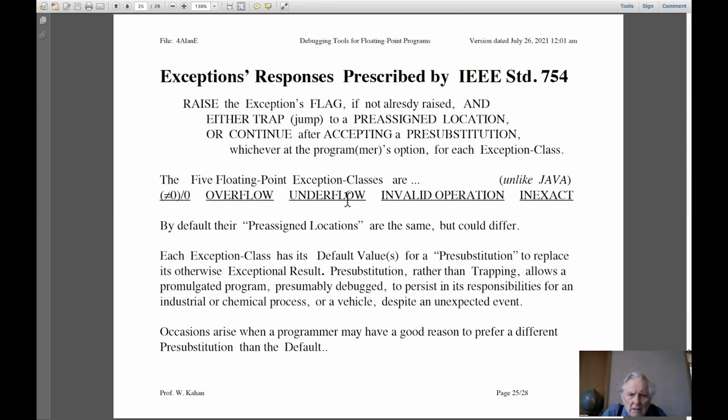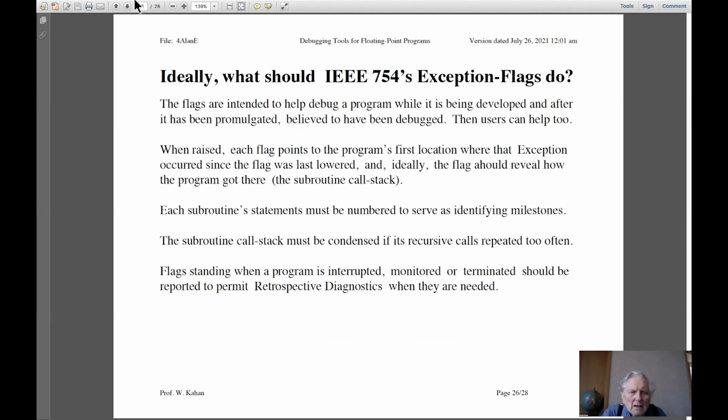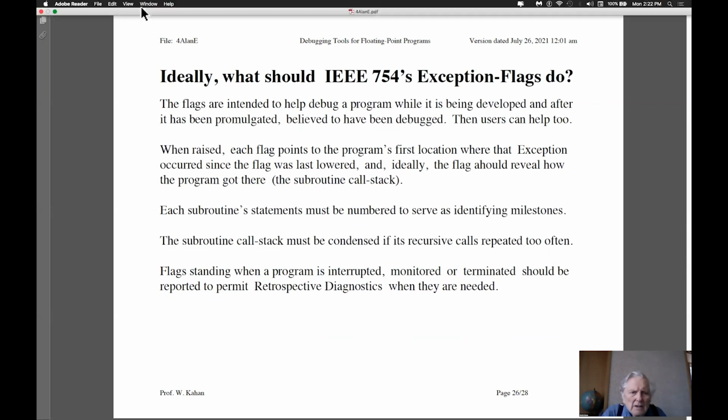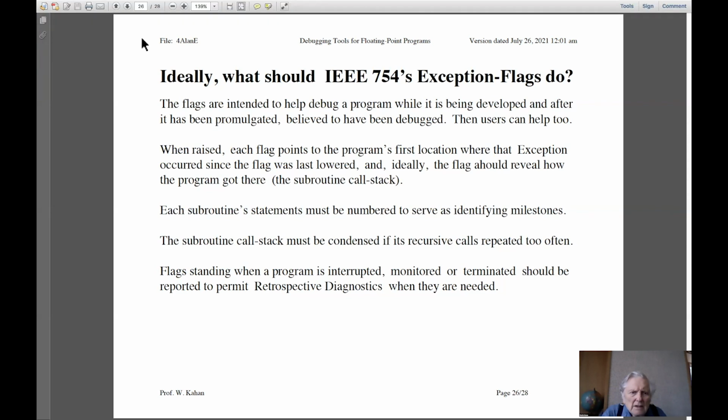Anyway, defaults for pre-substitution are also pretty straightforward. The exception flags that get raised, you can read this, you can see what it should do. It's pretty standard. But what should the pre-substitutions do?